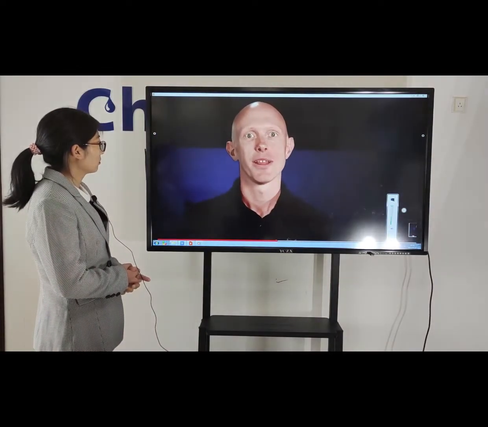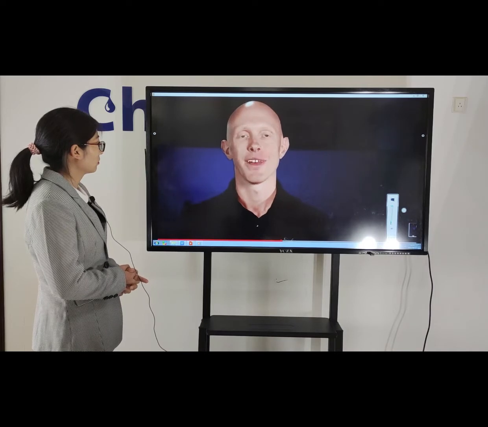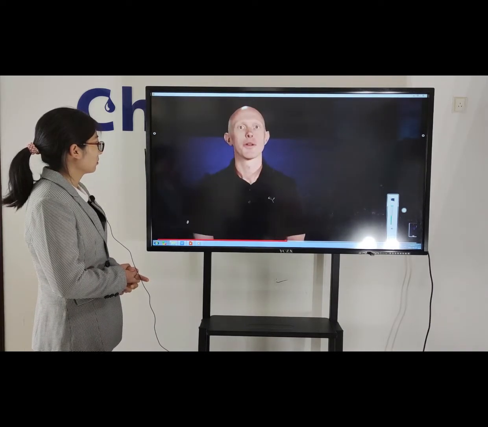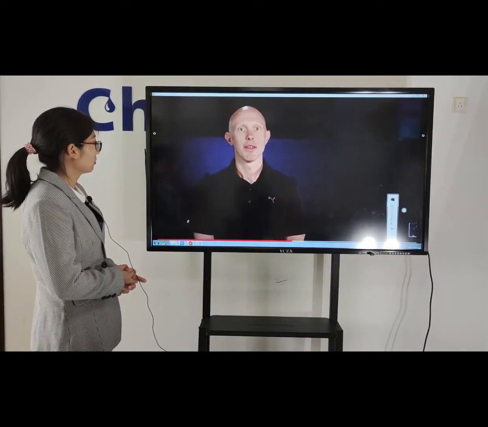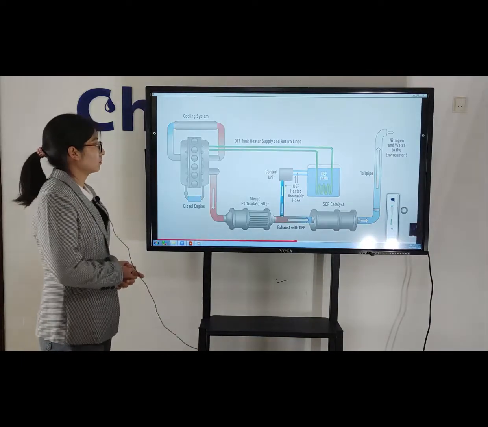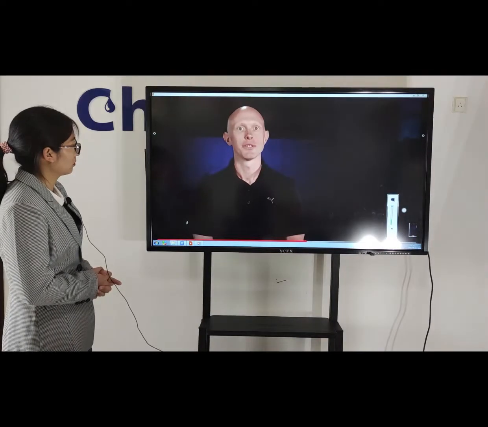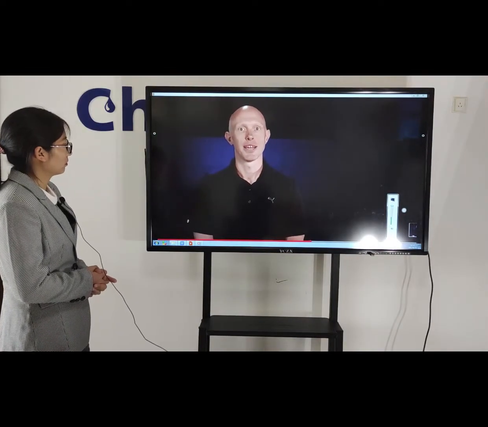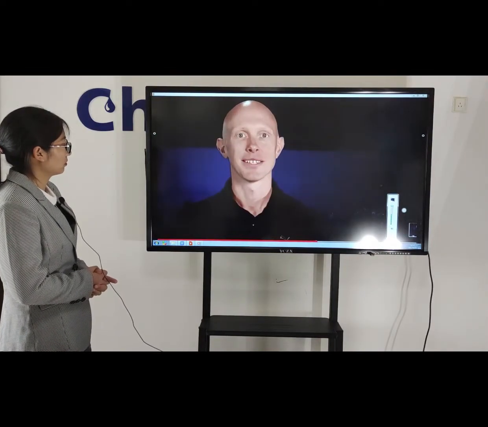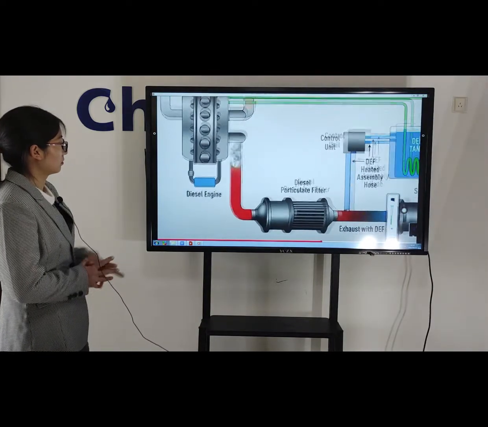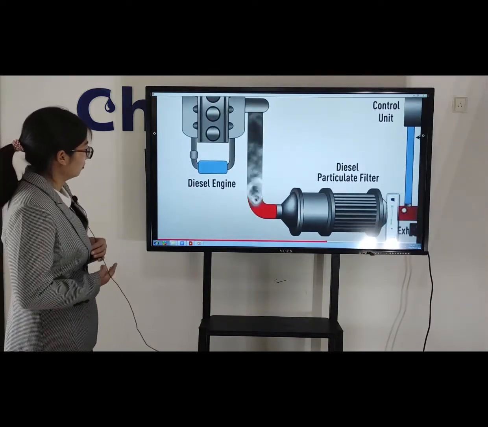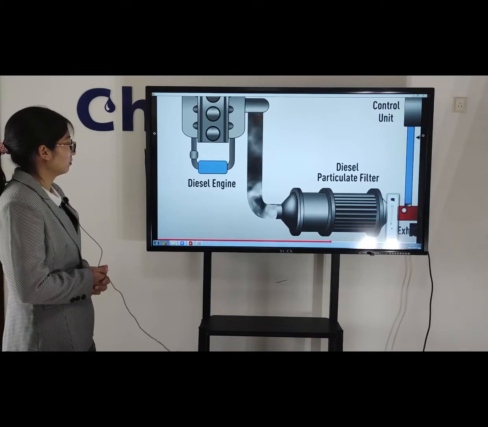If those elements sound familiar, it's because they're natural components of the air we breathe. In order for reduction to take place in the system, three lines must be present: the pressure line, the return line, and the supply line. These three hoses are what keep the DEF fluid in circulation throughout the system. Here's the process. Exhaust gases leave the engine and travel through the particulate filter, which traps the hard particles.